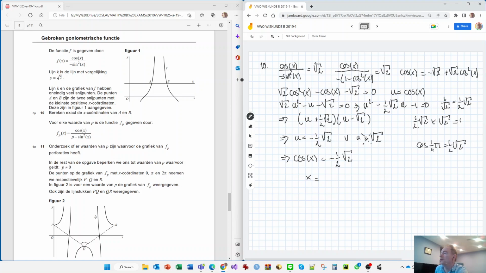So that happens when half pi plus a quarter pi. That is, well, let me write it down. Half plus, that is times pi, so that is 5 over 4 pi.